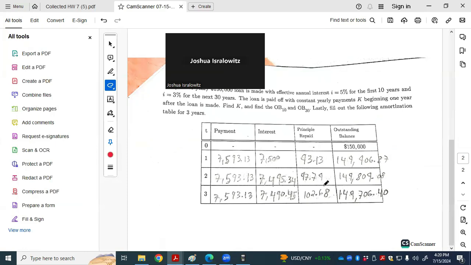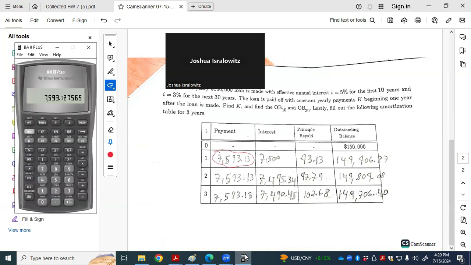But it's ubiquitous in accounting and finance, the actuarial profession. But anyway, here's the table. The 7,593.13 that we just got, after rounding to the nearest cent. So you want to pause it, check.